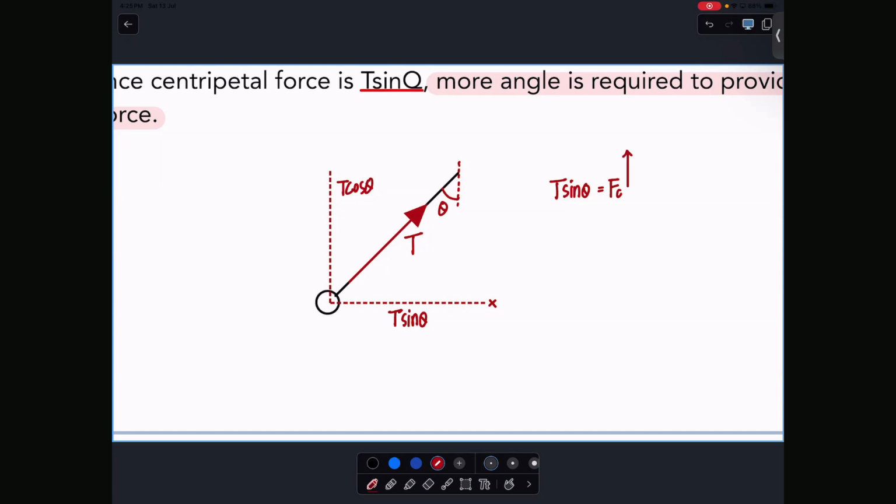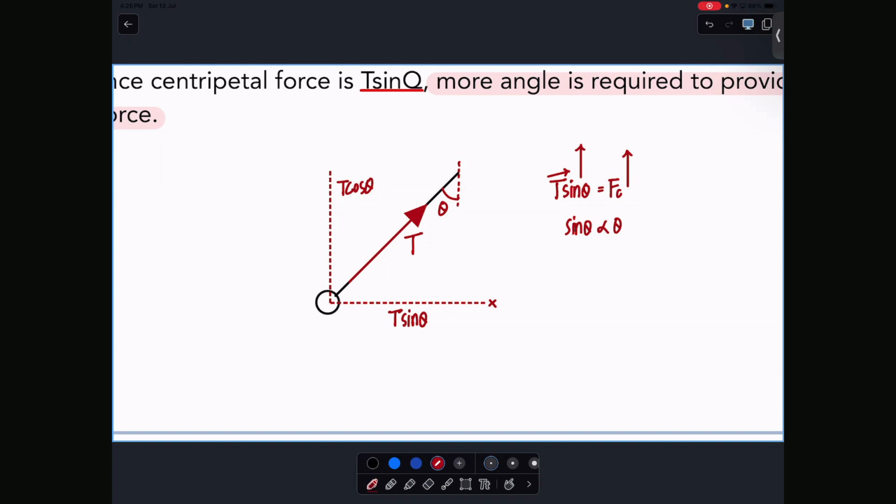Now, if I assume my tension is constant, okay, it could change, but let's say it is constant. What does sine need to do in order to allow a higher centripetal force? As theta increases, sine theta increases, because sine theta is directly proportional to theta. So sine 0 is 0, sine 90 is 1.